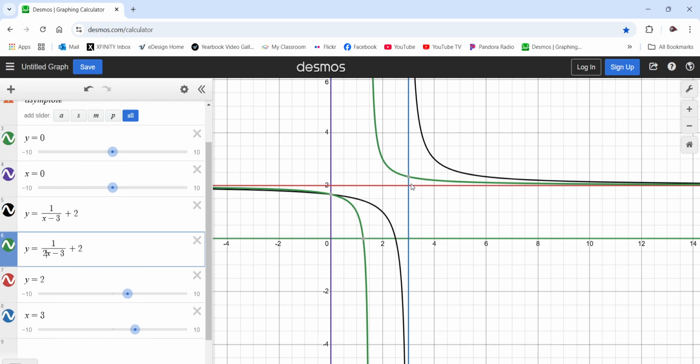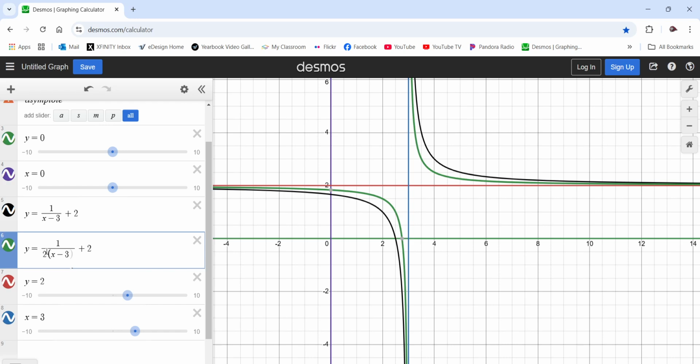Let's put this in parentheses. Yeah, that's what I wanted it to do. That works better. So look at that green one and look at the black one.